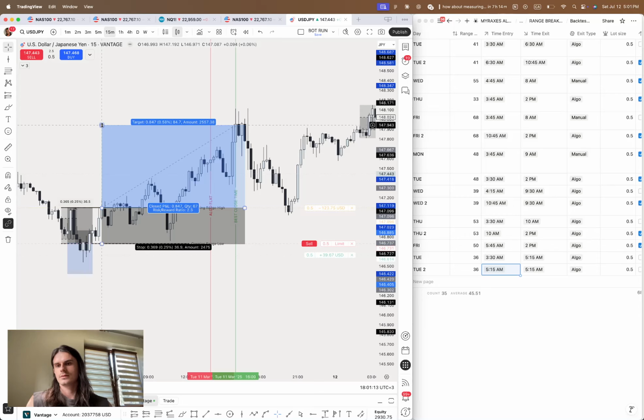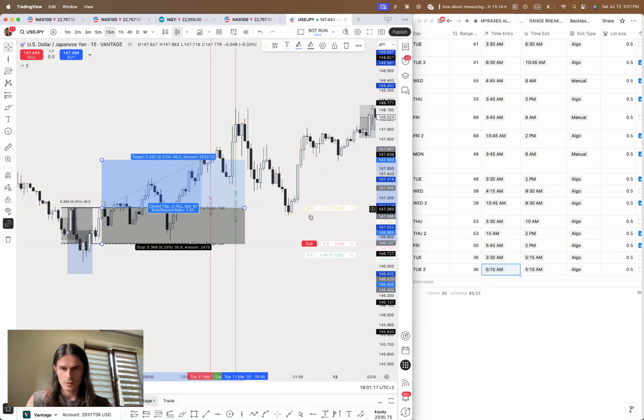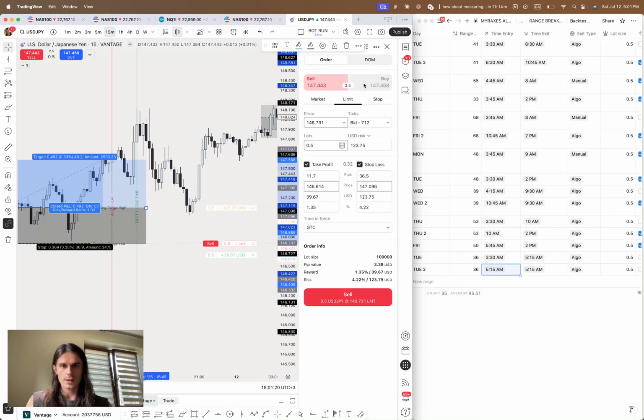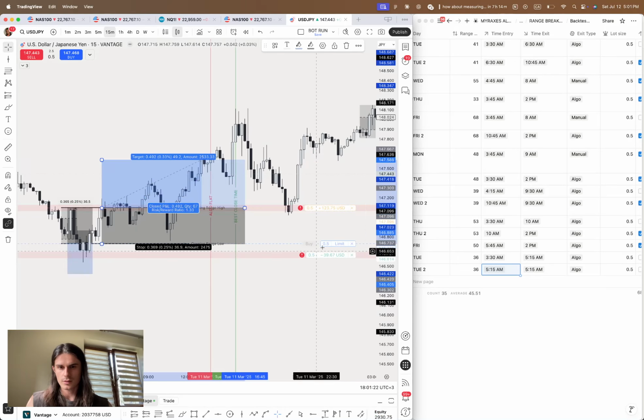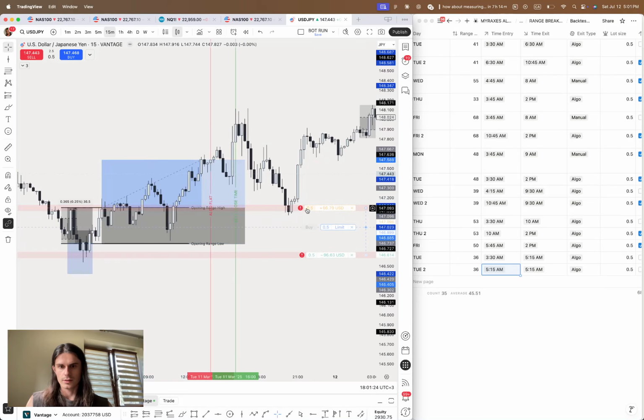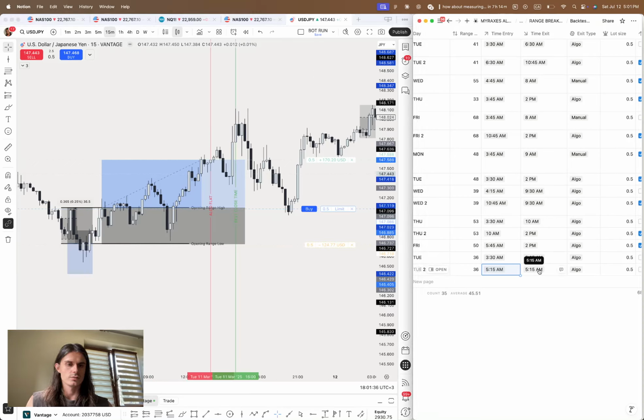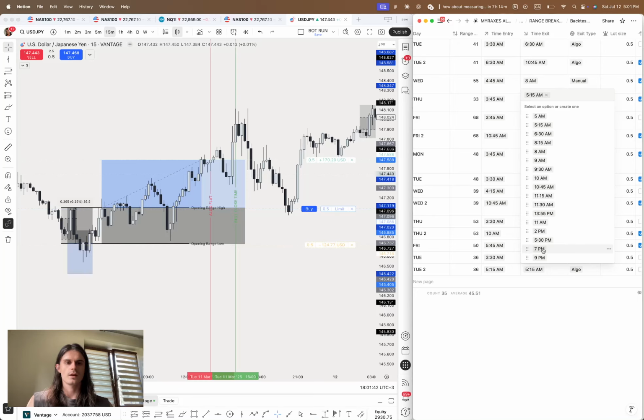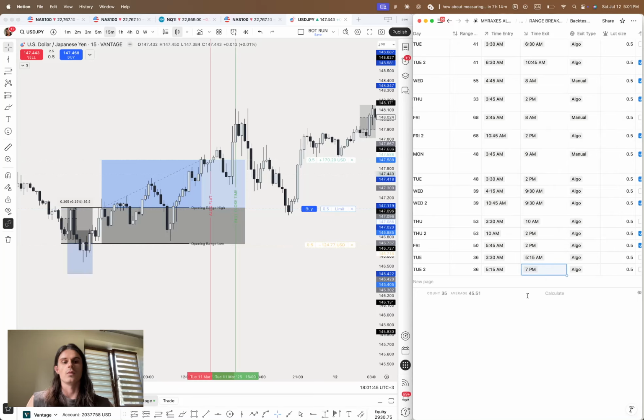So let's set up the data. Now we need to change that. It's going to be buy. Then we set the limit order here, stop loss here, buy limit here, and take profit here. So we can see we were risking, okay. And we exit the trade at 2. In this case, by the way, I wanted to already change to 7 p.m. Why so?